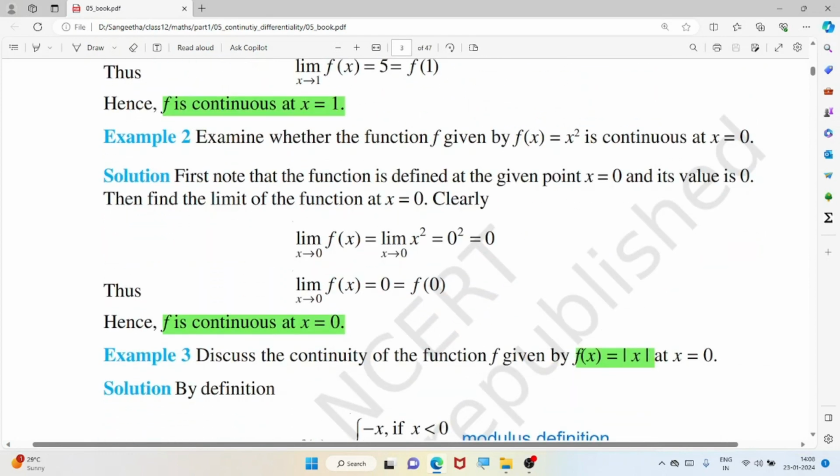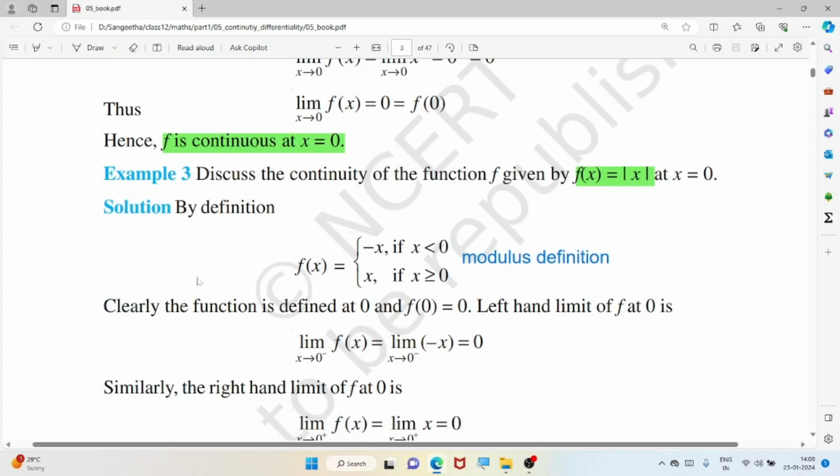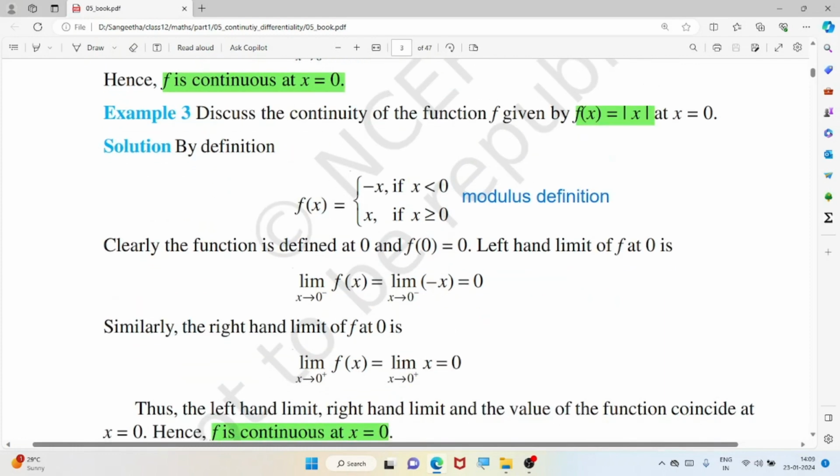Here also f is continuous at x equal to 0. This is 0, this is 0. Here you should know what the modulus of x is and how to define it. This is how you define the modulus function: minus x for x less than 0, and x for x greater than or equal to 0.